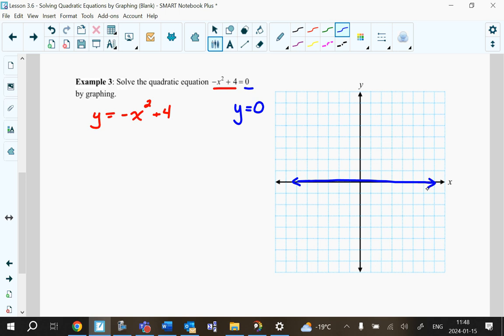We don't need to do the negative b over 2a with this one. Think about it. If there's no x term, we know what x squared looks like, right? Where does it start? 0, 0. But this tells us it moves up 4, doesn't it? And this tells us it opens down. So the vertex is going to be 0, 4.